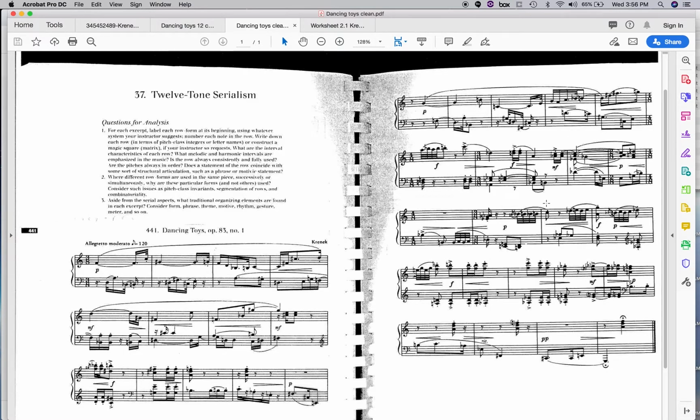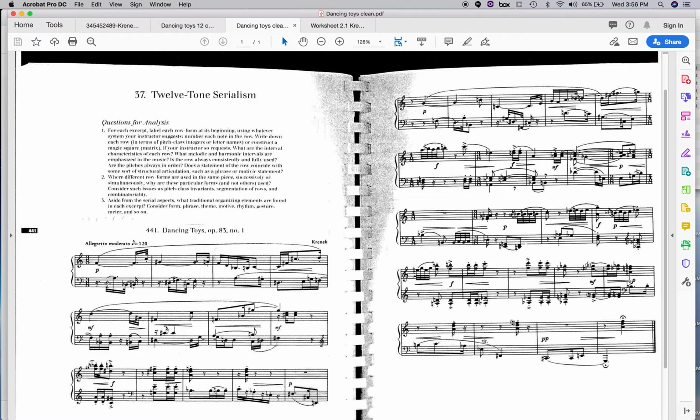And well, we won't get into a formal analysis, but let's look at the 12-tone serial aspect. Now, I mentioned that this was in first order serialism. Well, that means that we can just look at the first 12 pitch classes, and that'll give us our 12-tone series, our P0.